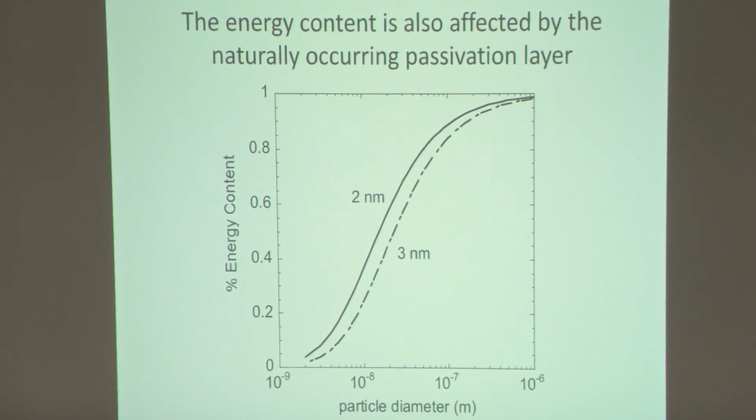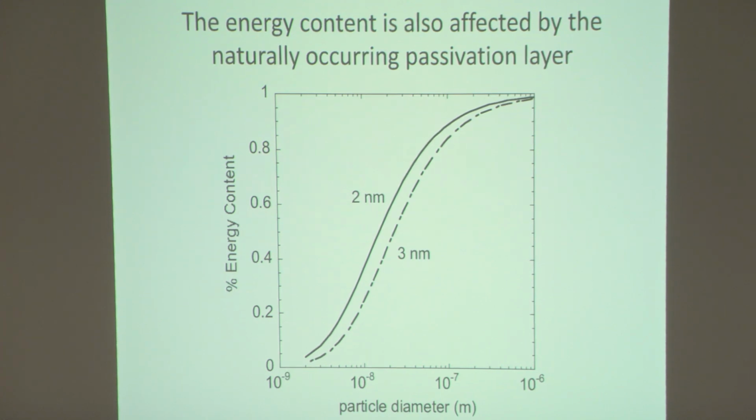Another effect that one has to consider as the particle size gets smaller: typically on all metals, to prevent them from basically being pyrophoric, they have a naturally passivating oxide layer. So if I have an aluminum ladder and I scratch it, I'll basically remove the oxide layer, and locally I'll have an oxidation reaction.